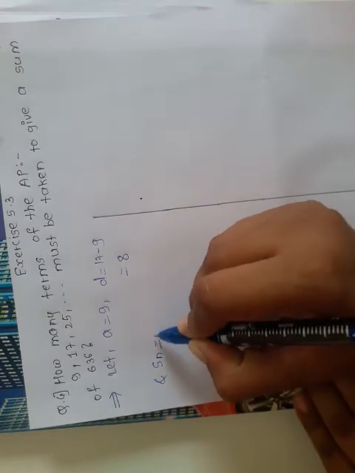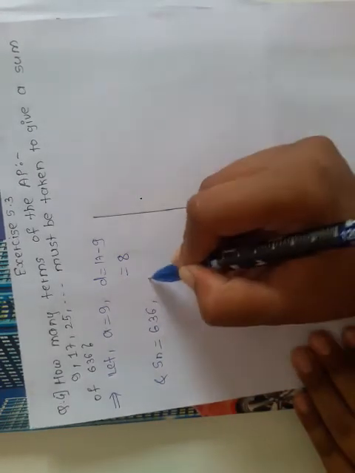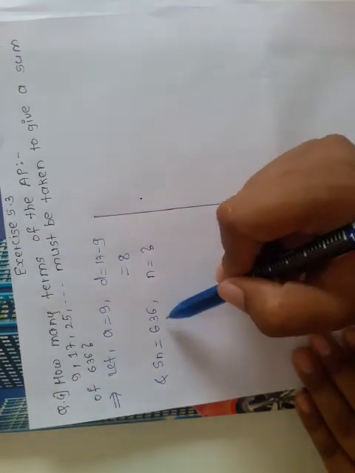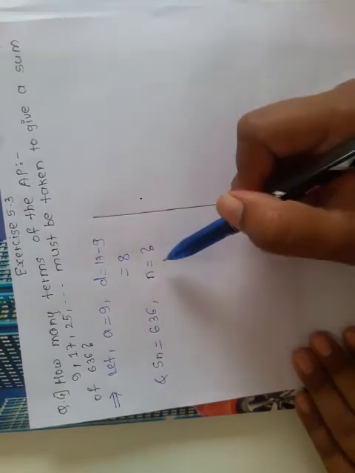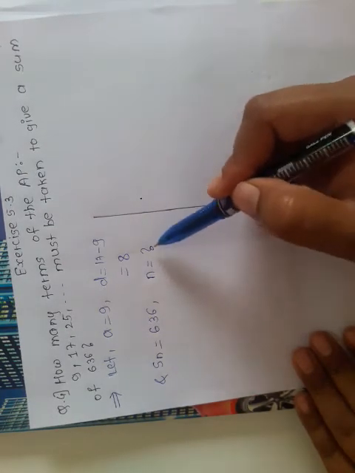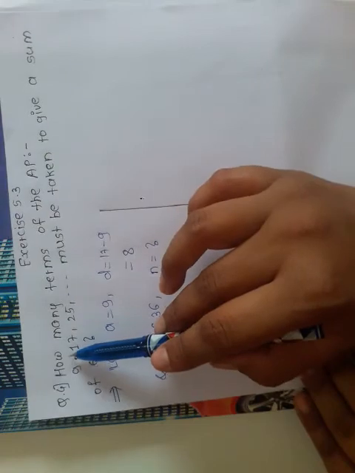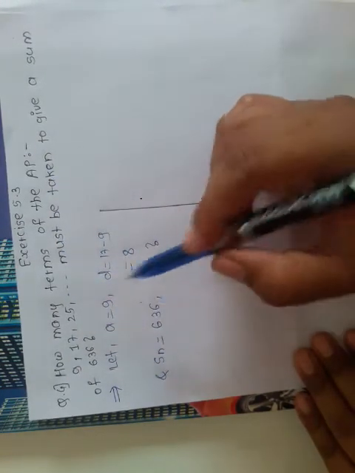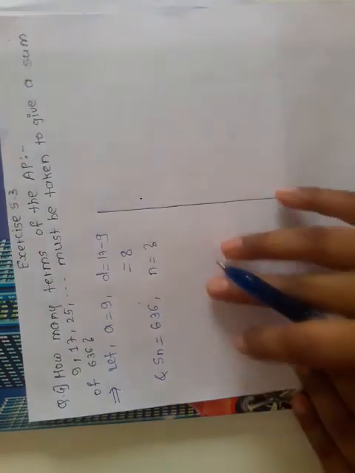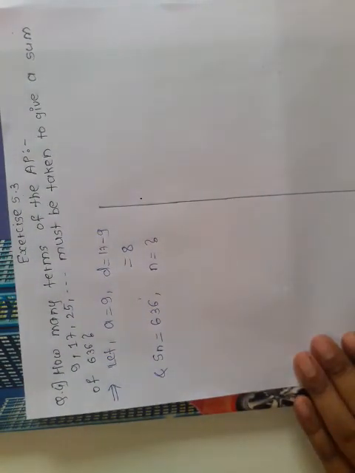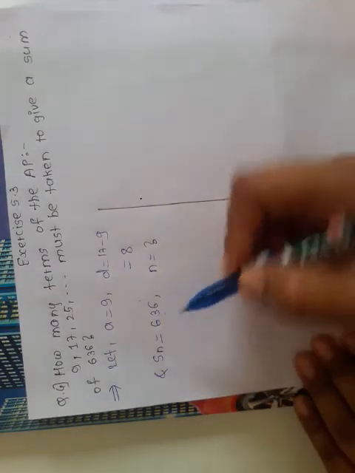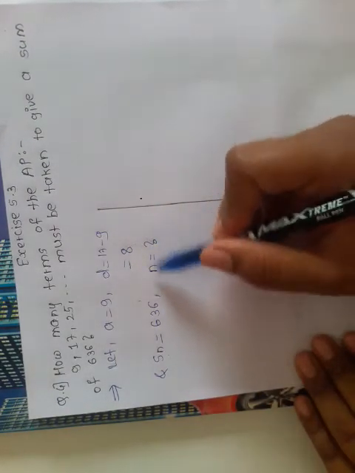A is known, d is known, and Sn is equal to 636 is also given, and we have to find out n, because in the question we have to find out how many terms the given AP contains. By using this Sn, first find out the value of n.